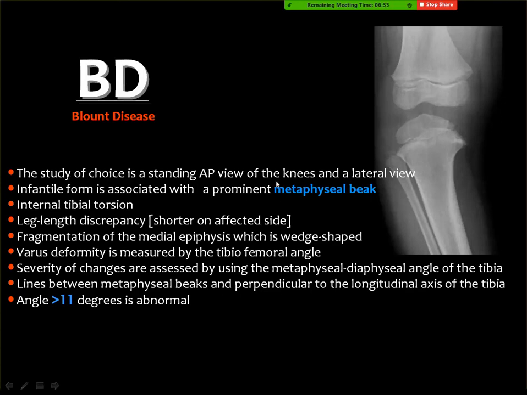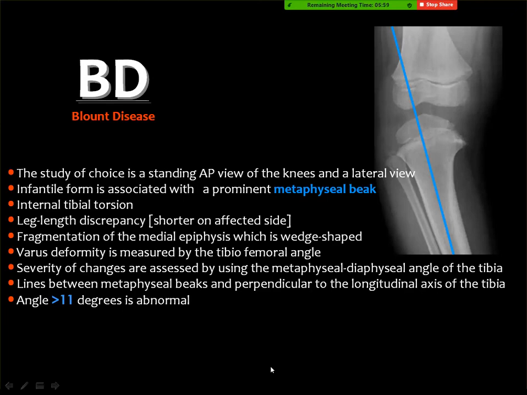The disease is diagnosed very easily by the plain film, and you get the prominent metaphyseal peak of the tibia, and a small size of the medial part of the tibial epiphysis, leading to inward deviation of the leg, which is known as the varus deformity. And this is one of the types of avascular necrosis occurring all over the body.